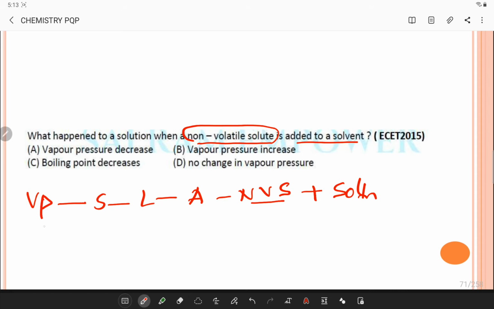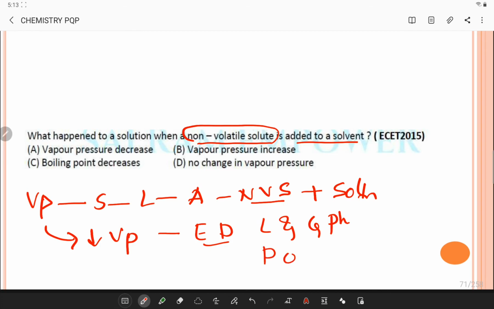So the decrease in the vapor pressure can be explained using entropic differences of a liquid and gas phase along with the position of dissolved particles after the addition of the solute. So if you see the options, the vapor pressure will be decreasing.